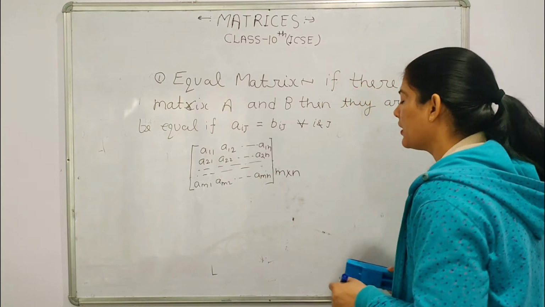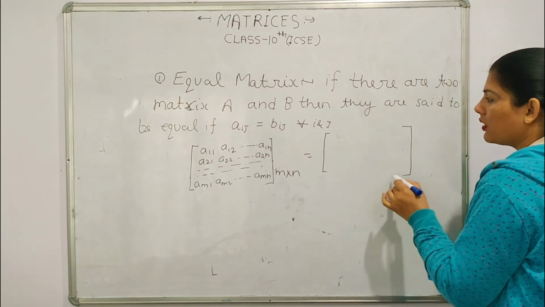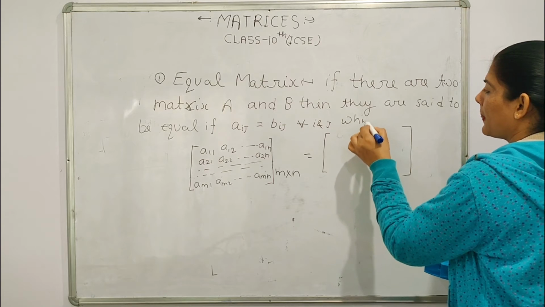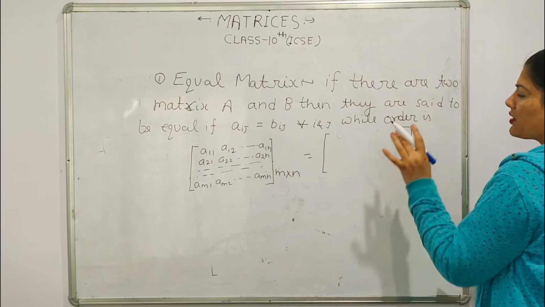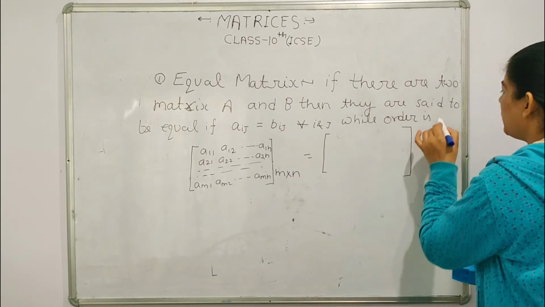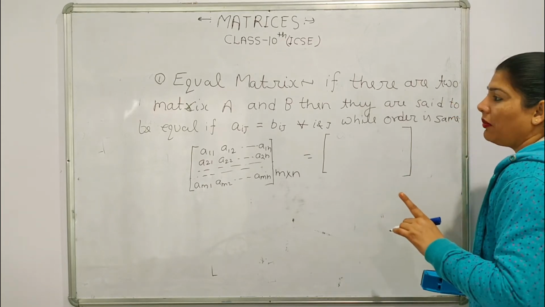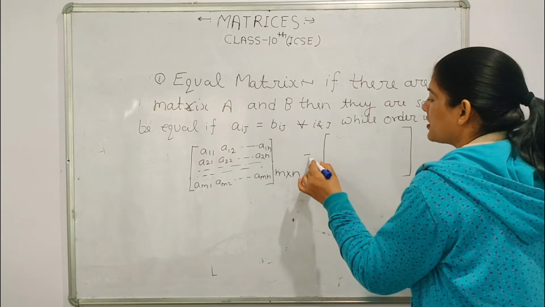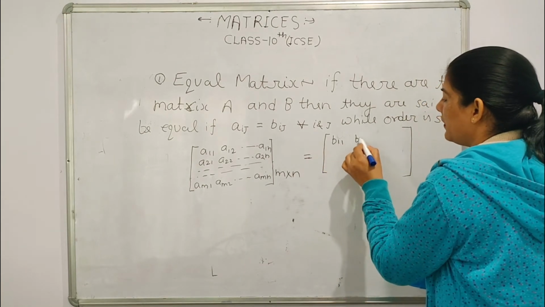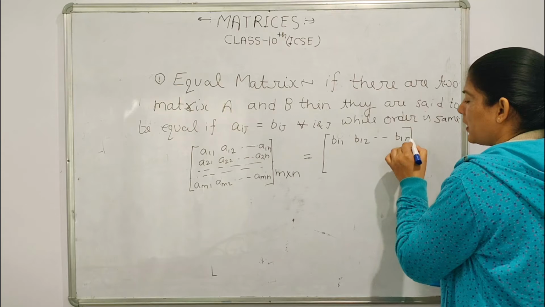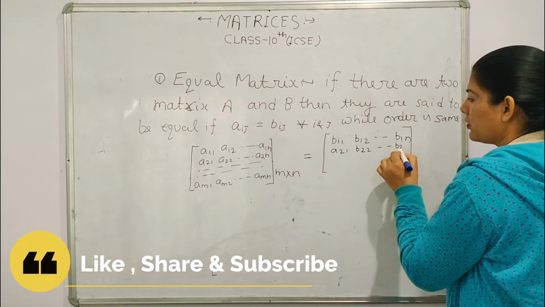and this is equal to, first of all, the order should be equal, while the order is the same. If the order is not the same, then they cannot be equal. So the first condition is the order of the matrices should be the same, and after that each element is equal to the corresponding element of the other matrix. So here B11, B12, B1n, B21, B22, B2n.